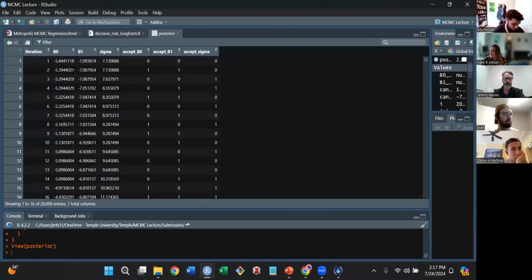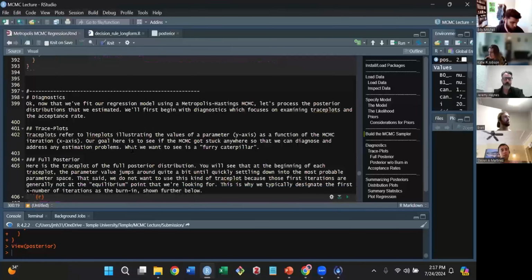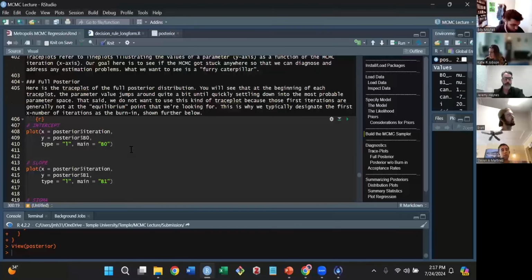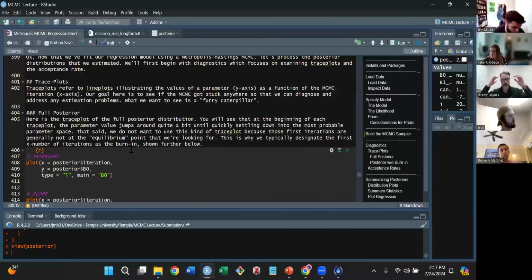Looks nice and pretty. We have our intercepts, slopes, standard deviations from the MCMC, as well as whether candidates were accepted or rejected. And now we want to go through diagnostics. We want to make sure MCMC looks good.